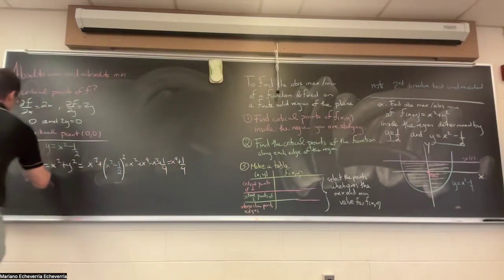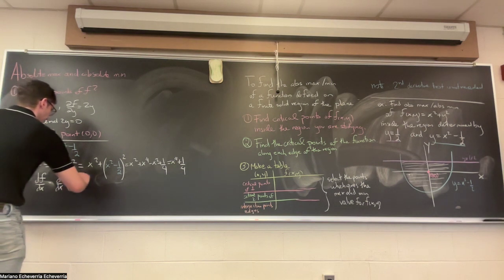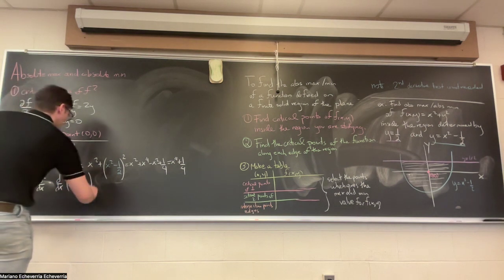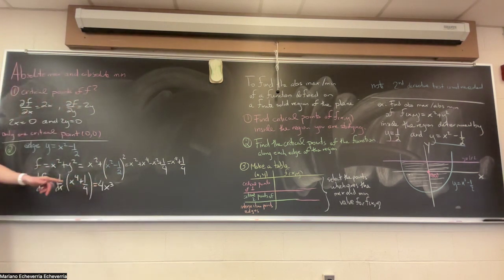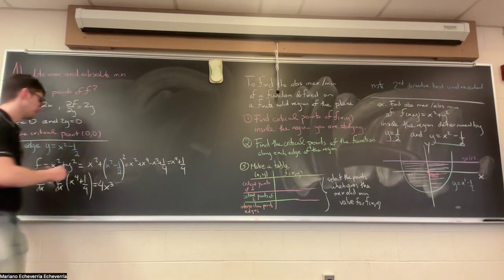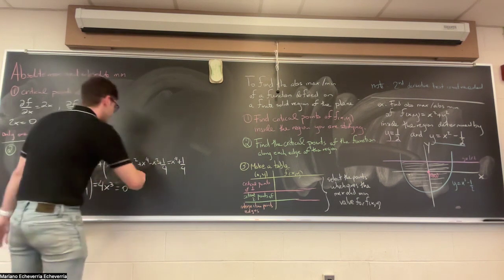Well, it's just the derivative with respect to x, because the x variable is the only thing left. And a critical point is when the derivative is zero. So this is zero whenever x cubed is zero, which is x equals zero.